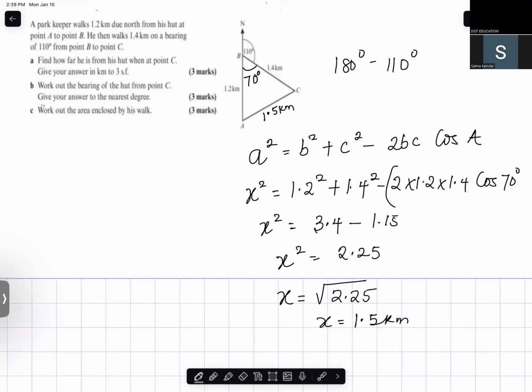It says work out the bearing of the hut from point C. Give your answer to the nearest degree. So we are going to work out the bearing of his hut from point C. I want to get the triangle so we can work effectively with it.